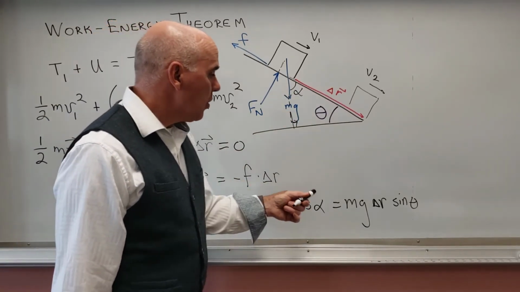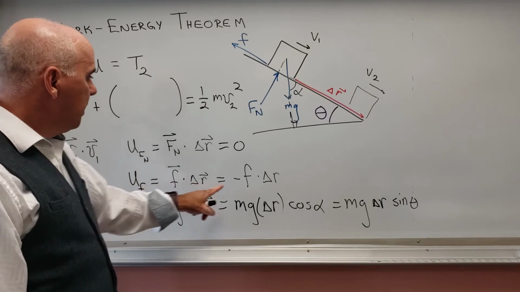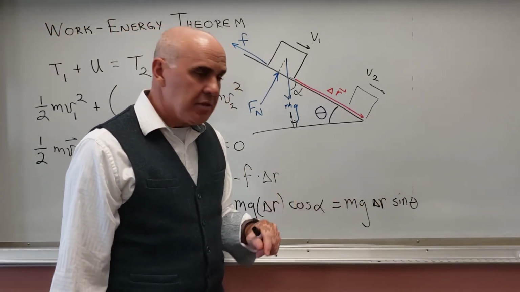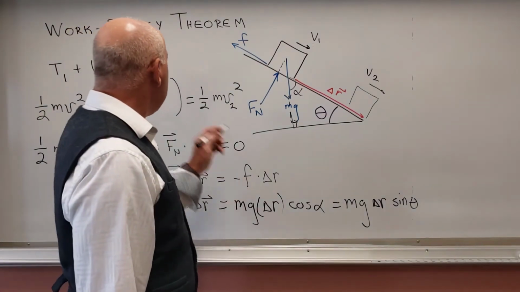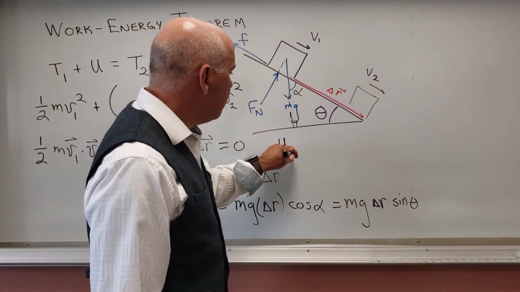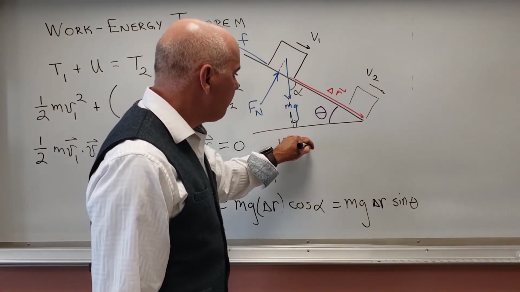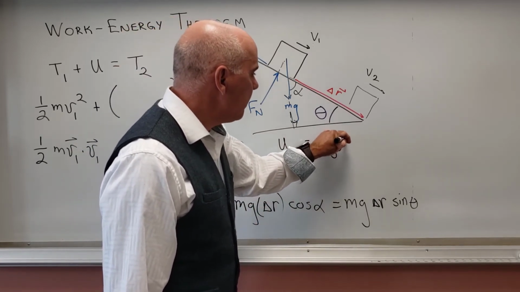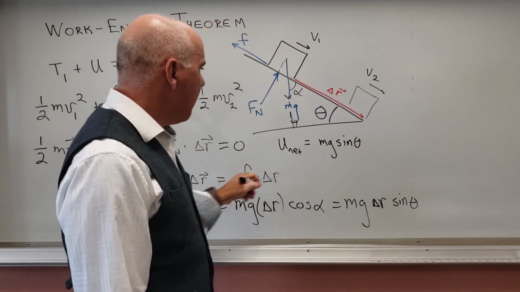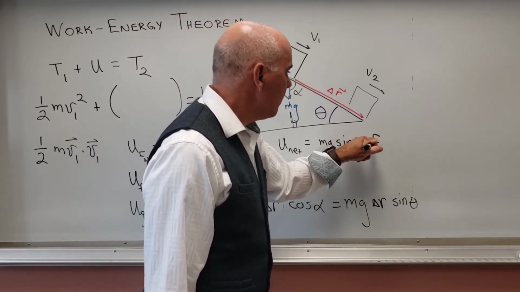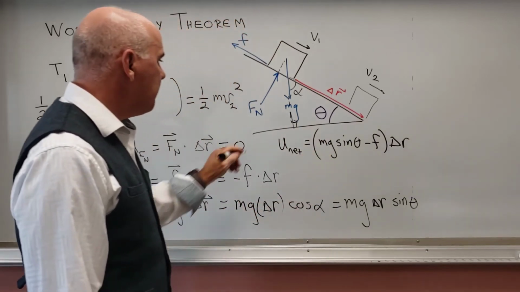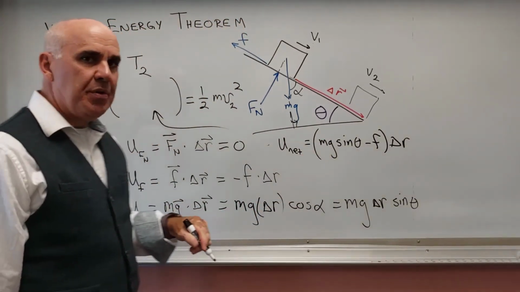And so the net work done then will be minus F delta R plus mg delta R sine theta. So I could say then that U net is going to equal mg sine theta minus F times delta R. And that would be the net work that goes up into this parentheses.